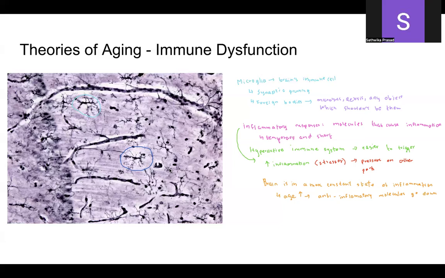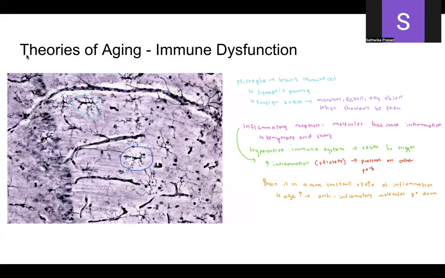And unfortunately, this leaves your brain in a constant-ish state of inflammation, which causes damage to the brain tissues, which is why scientists theorize that you age. I hope this video was helpful, and it's a pretty interesting topic. I suggest you read more articles on this topic because microglial involvement in aging is actually one of the most predominant theories of aging right now.